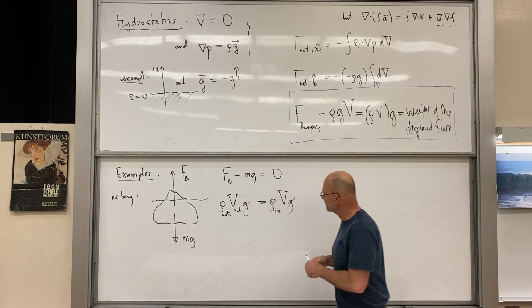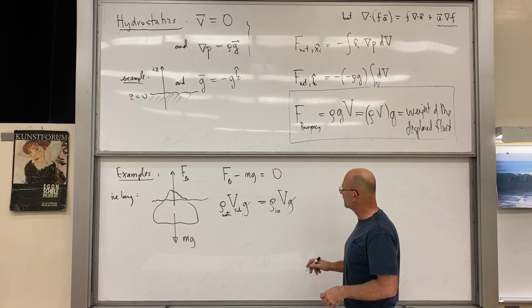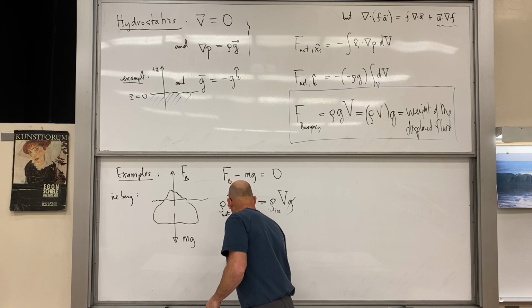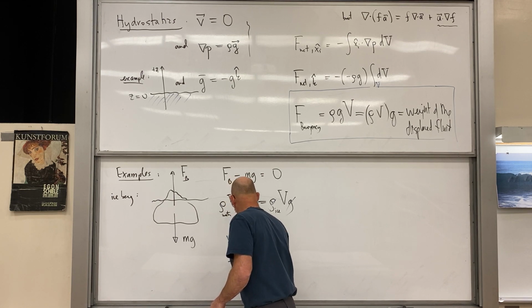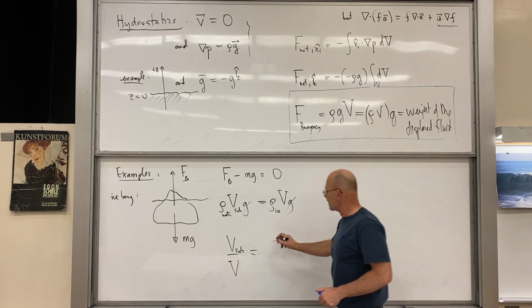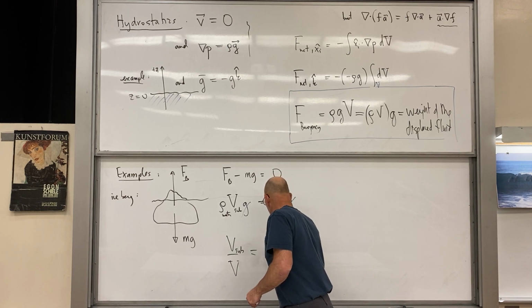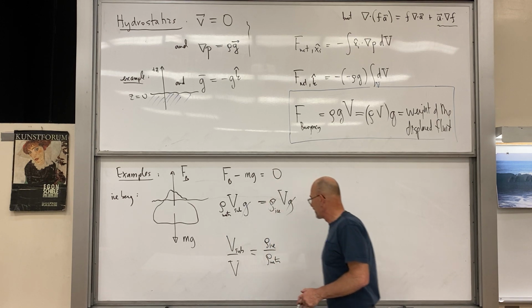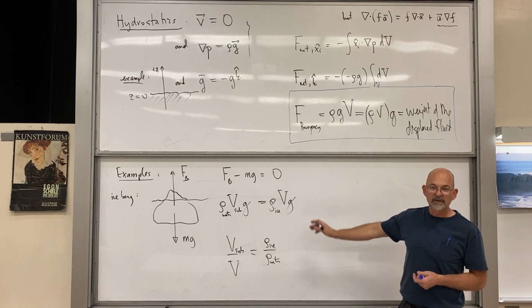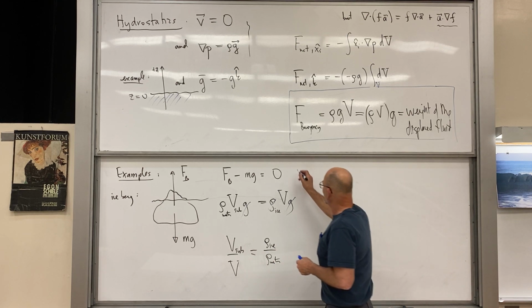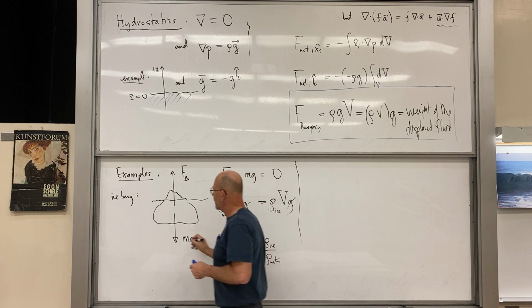G is going to cancel. And we could say, what's the ratio of the volume submerged to the total volume? That's going to be the ratio of density of ice to the density of water. And whatever that is, you look it up, it's roughly 9/10. So that's a good example.